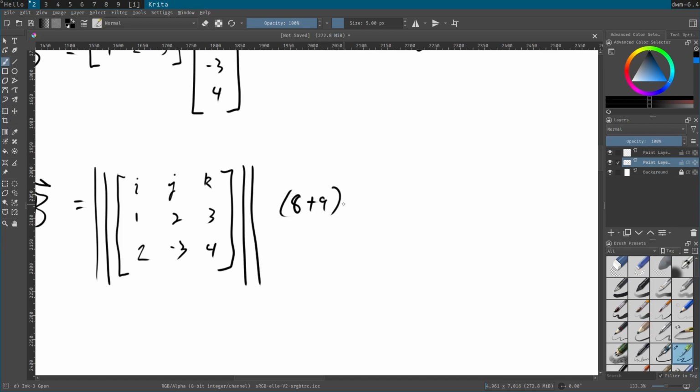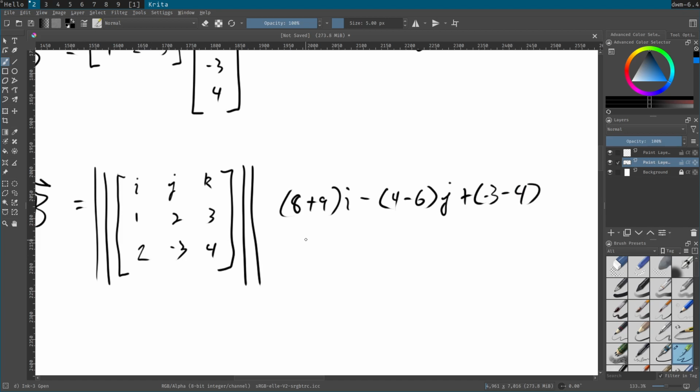And that will be the ith component. And then we've got to subtract whatever the jth component is. So that will be j times 1 times 4, which is just 4, and then minus that from 3 times 2, which is 6. That will be our jth component. And then we'll add on the kth component, which would be 1 times -3, which is -3, and 2 times 2, which is 4.